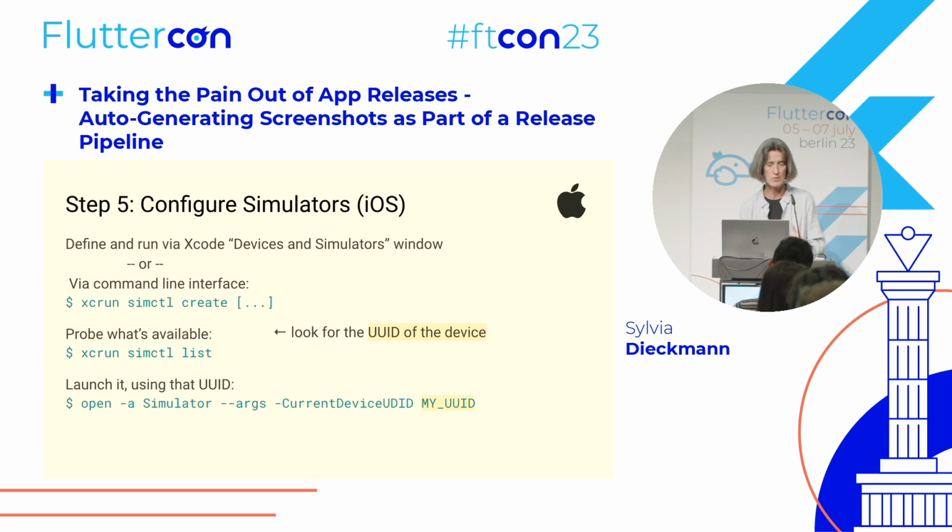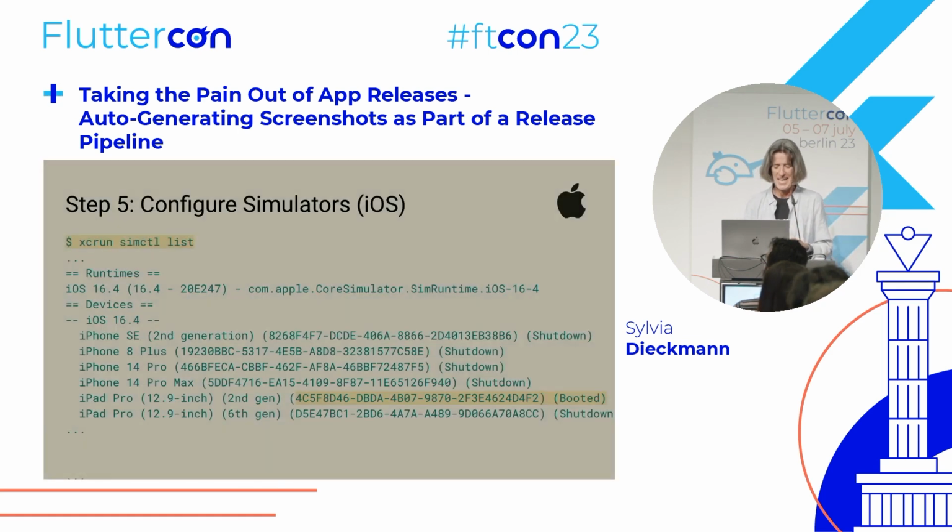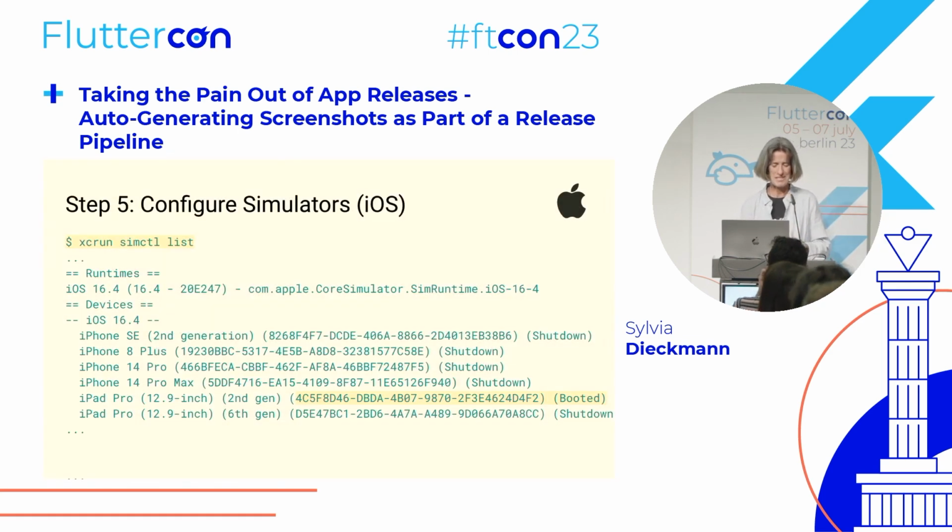Everything is referred to by a UUID. On the other hand, Pixel 2 is a lot easier to remember than the UUID, so I'm not sure which one is better. So here, for example, I have a small extract of the simulators that were defined on my machine, and I was interested in the iPad Pro 2nd generation, and I'm not going to read the UUID to you.